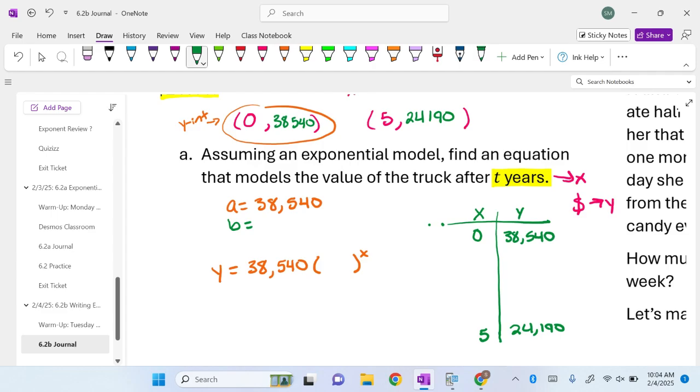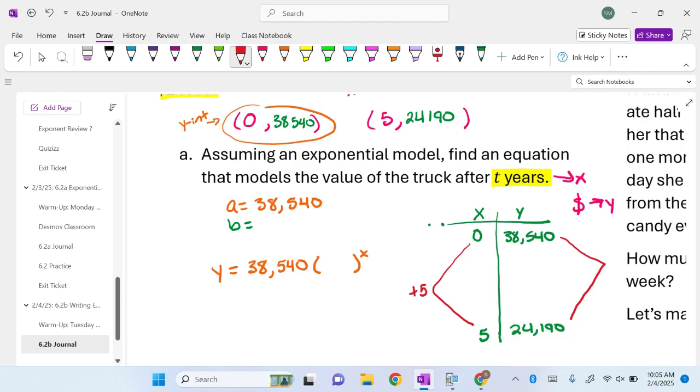So we first need to figure out what we have to add to get between the two x's. So when I go from 0 to 5, what do I have to add to 0 to get to 5? 5. So since we're adding 5, that means that we're going up in increments of 5.